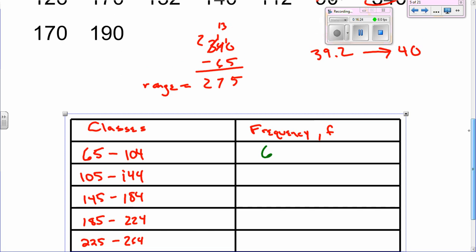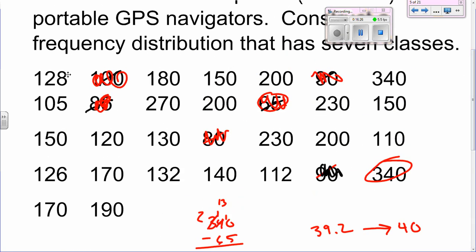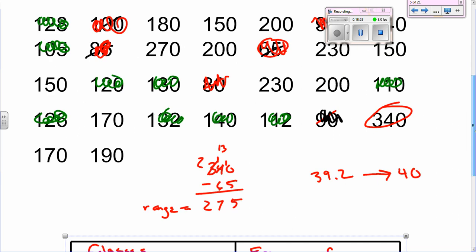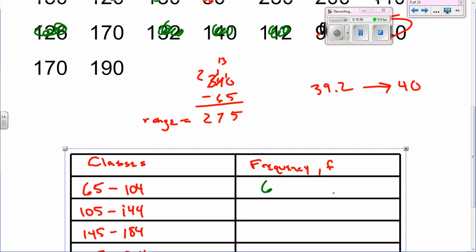In between 105 and 144, 1, 2, 3, 4, 5, 6, 7, 8, 9, 10.